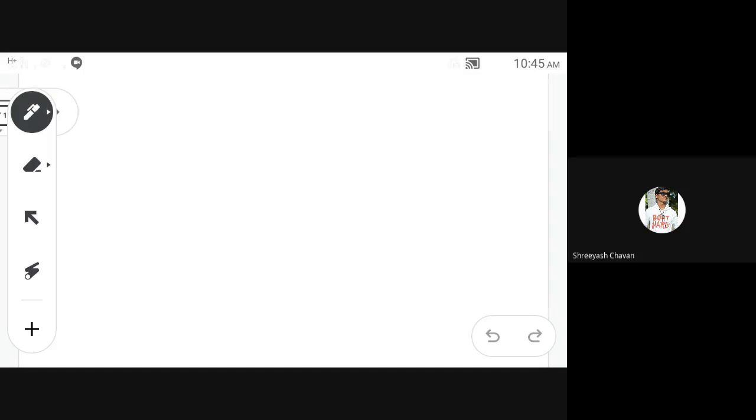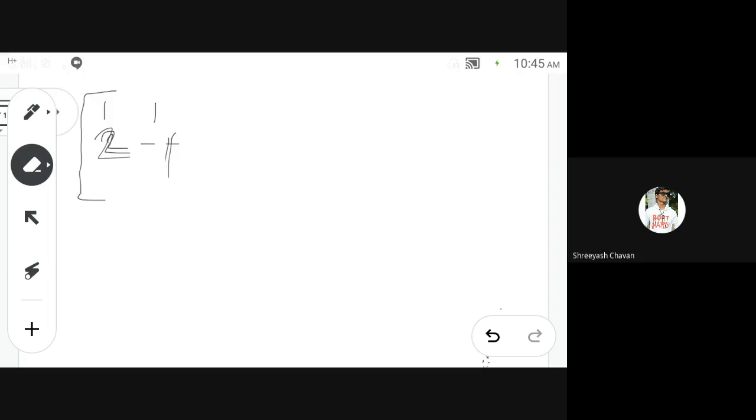The given triangle is 1 1, 2 1 and 2 2. This is a time consuming method.